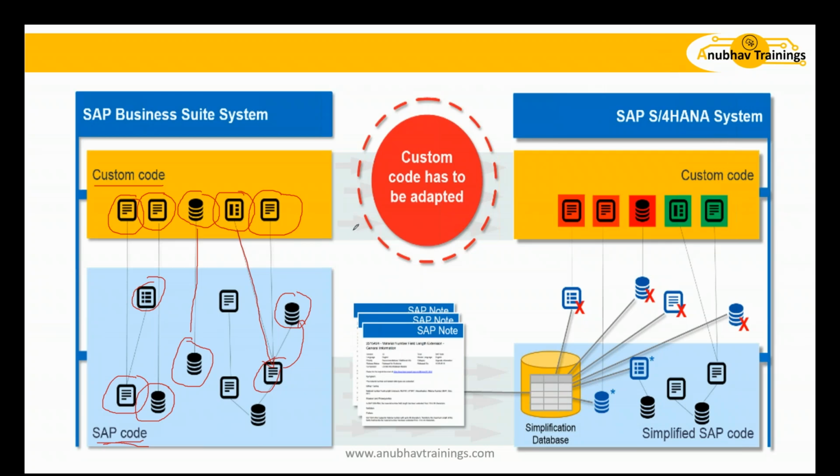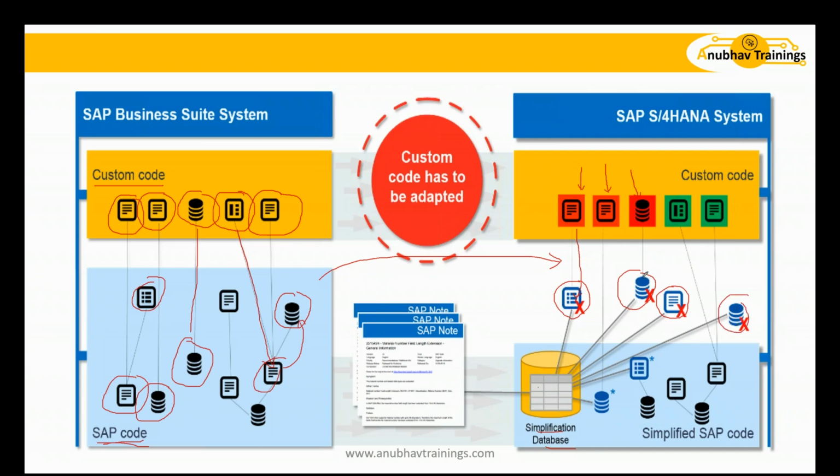Now, keeping that situation in mind, you can see on the right hand side we have the red color, where it clearly showcases that many of your objects are affected by other objects. Of course SAP have logged everything in the simplification database, as you can see here, and many of these objects have been deleted by SAP.